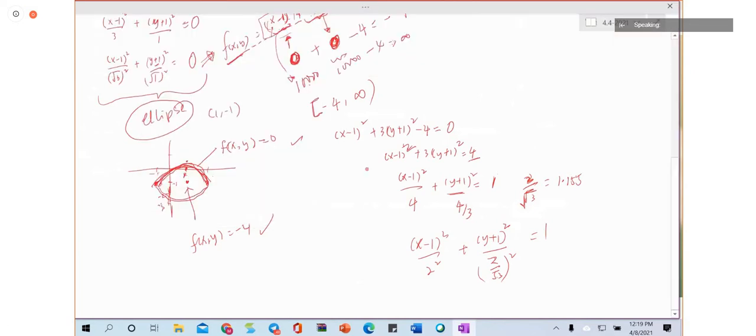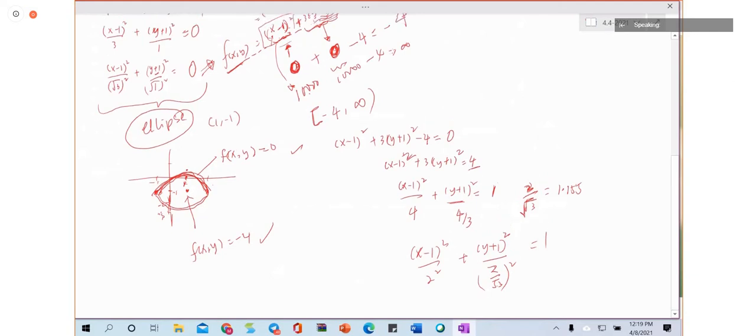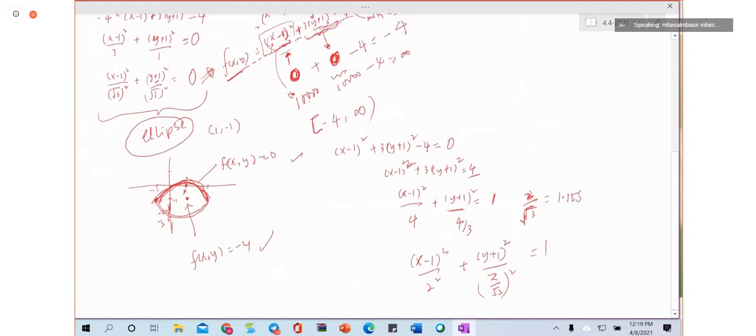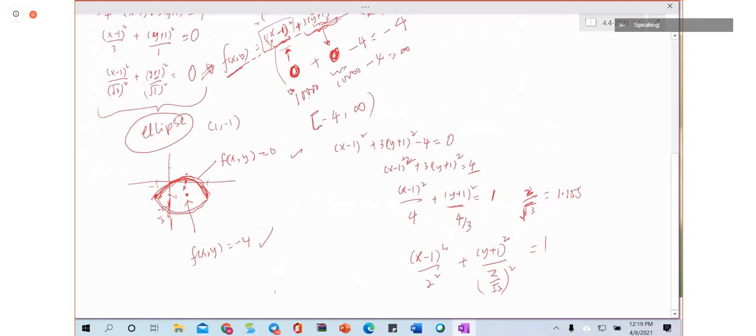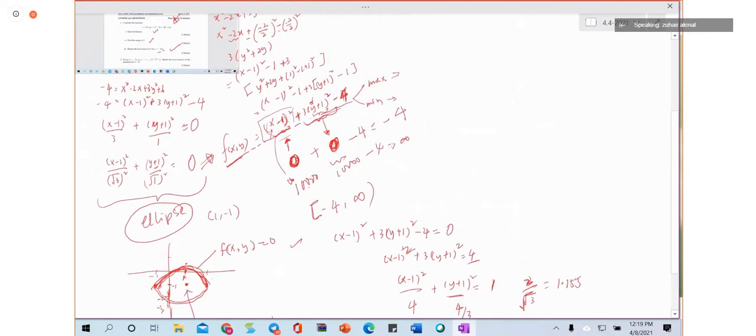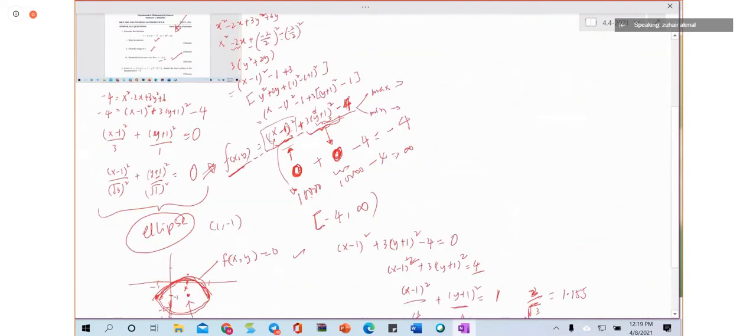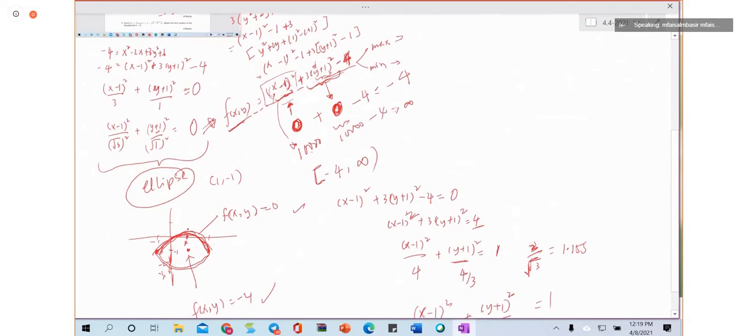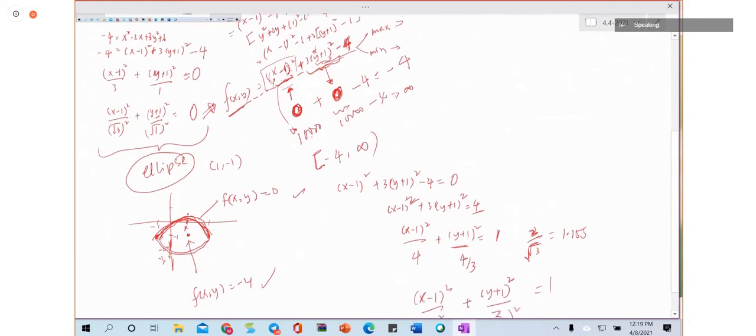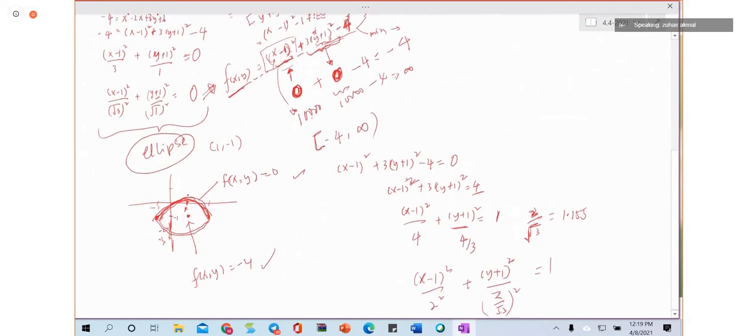Yes. How do you get 3 for x? Which one? For the x value, how do you get 3 for the graph? For the sketch, the curve, the ellipse.